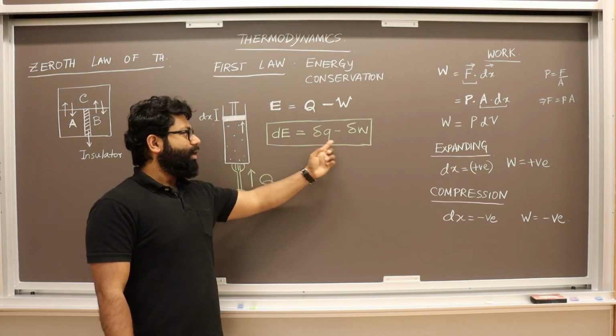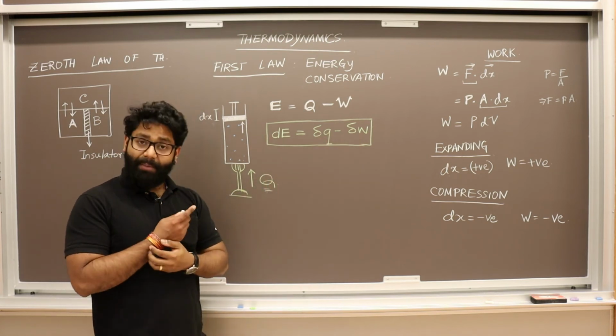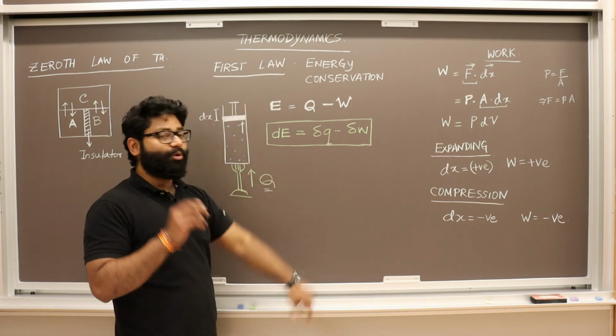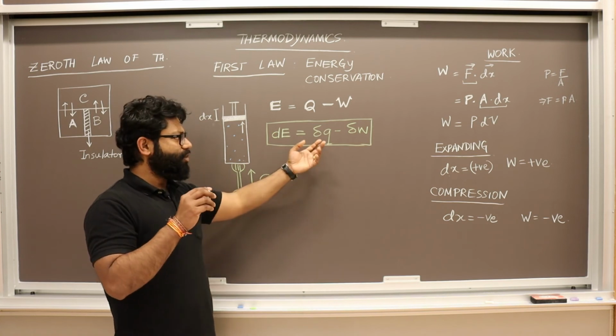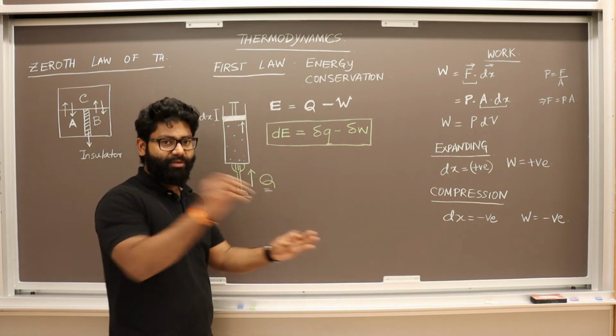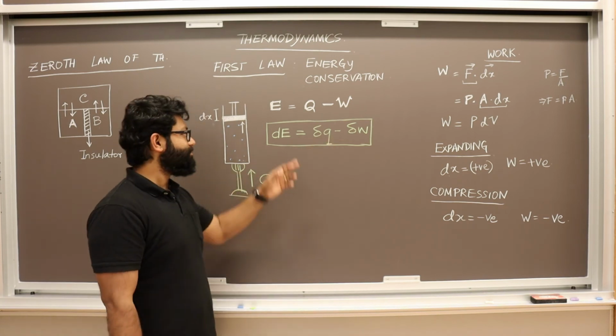Why? Because work and heat, these two are path functions that we studied earlier, right? So work and heat are both path functions, and we know this. If you're not convinced about this and want to learn more, there are other videos in which I have dealt with this in more detail.